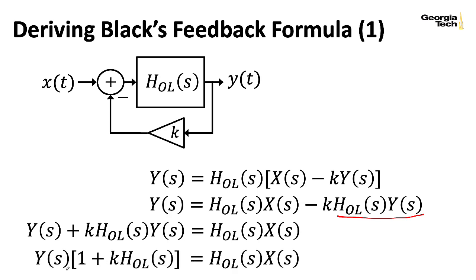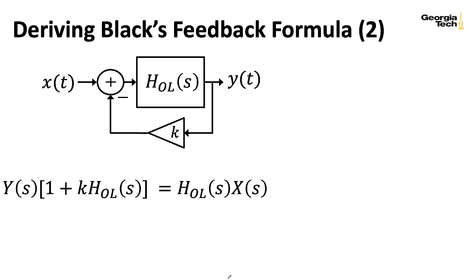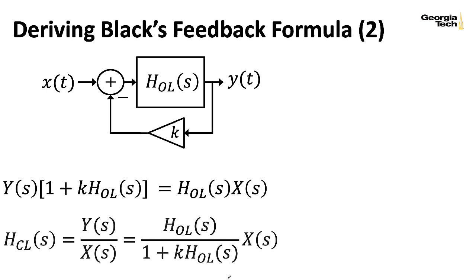And then if I factor out Y of S, I get this expression here. I have Y on the left side, X on the right side. And then I can take both sides, divide by X, and then also take both sides and divide by this 1 plus k big H OL of S here. And then I wind up with this sort of formula.